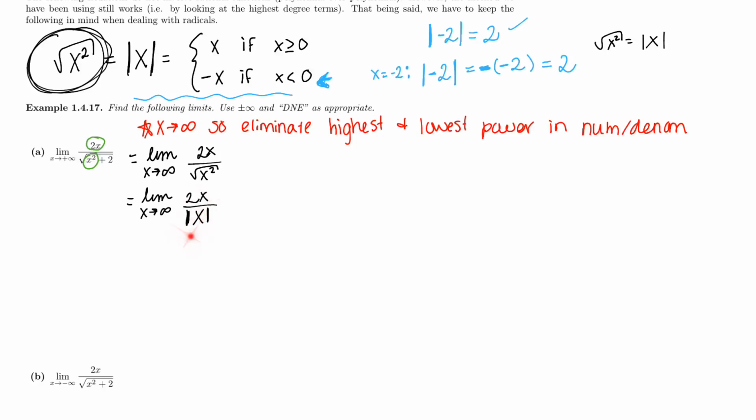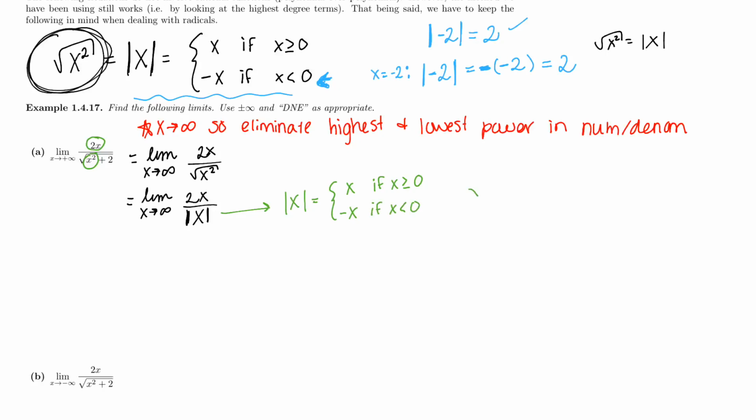Now, we can't directly cancel these as it looks. We have to determine whether we're using the top piece or the bottom piece when we look at this absolute value of x. Absolute value of x is equal to x if x is greater than or equal to 0, and negative x if x is less than 0.